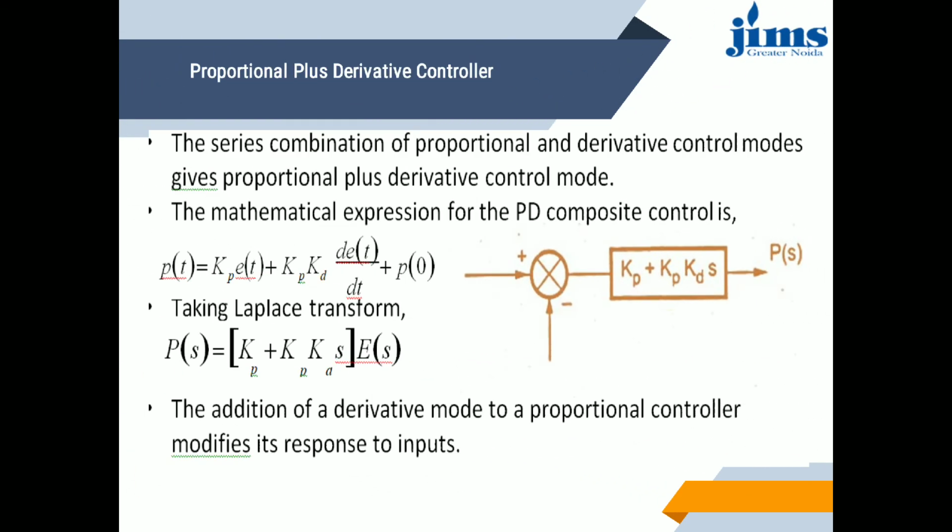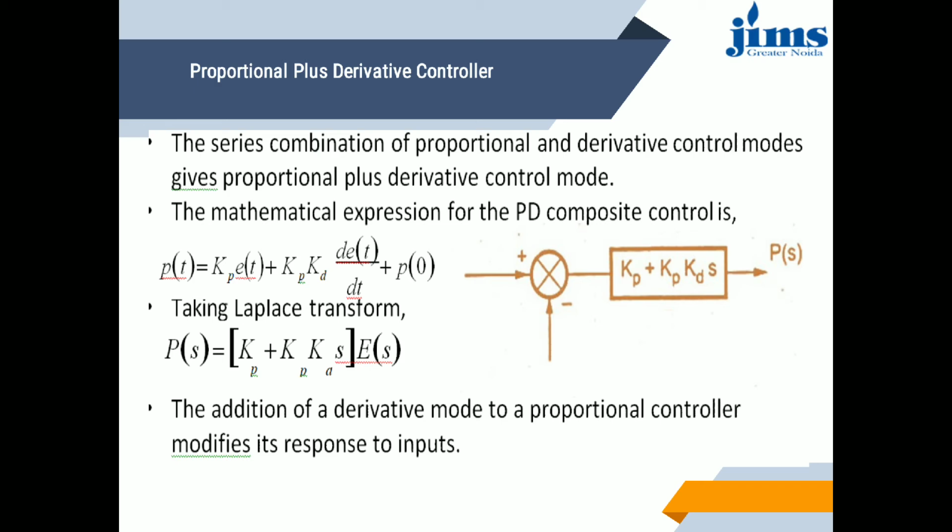Next is the proportional plus derivative controller. When a derivative control action is added in series with proportional control action, this combination is termed a proportional derivative controller.